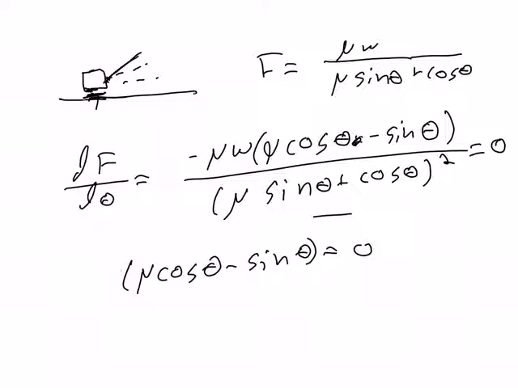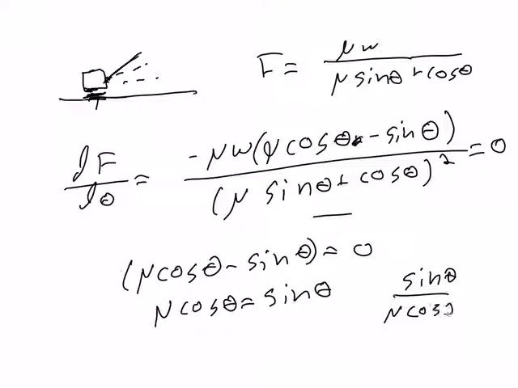So we're trying to find when this is equal to sine of that. Or in other words, when do we have sine of that over u cosine equal to 0, or in other words, when do we have mu tan equal to 0.